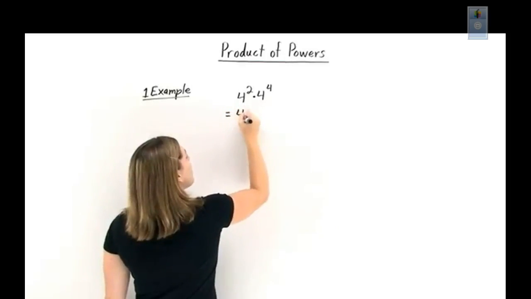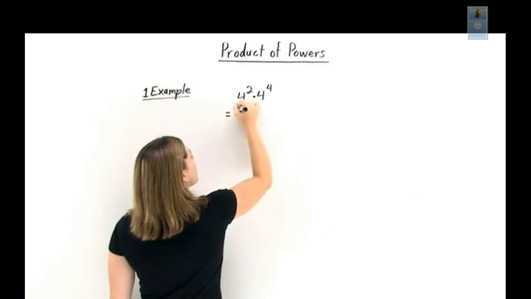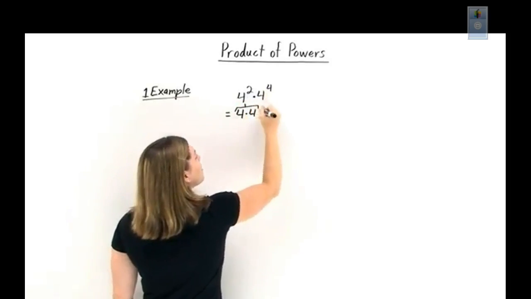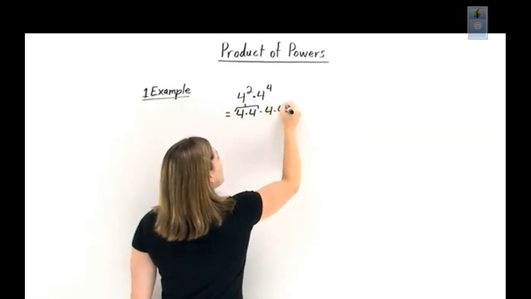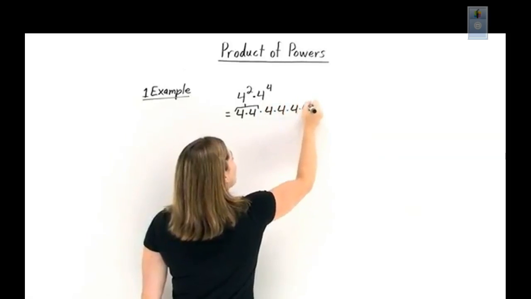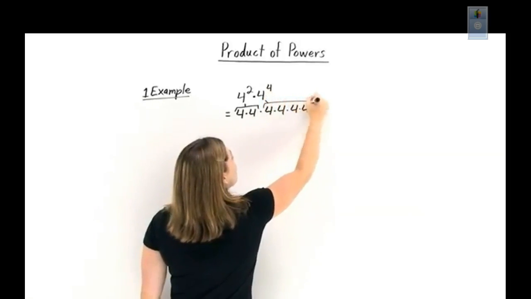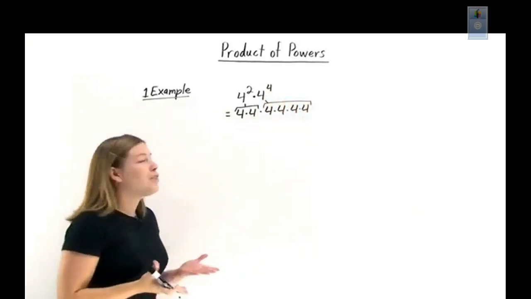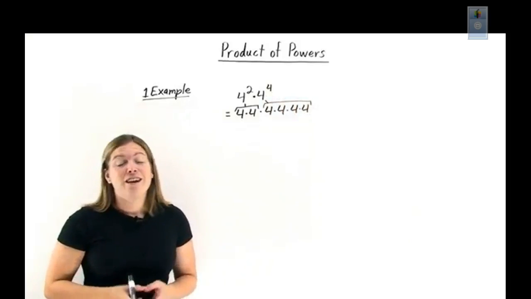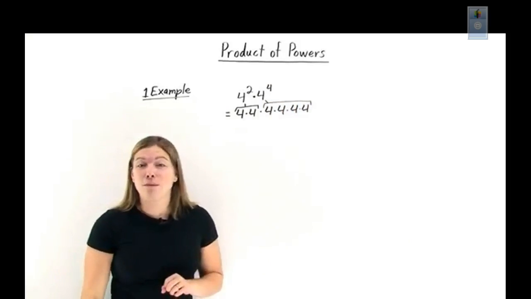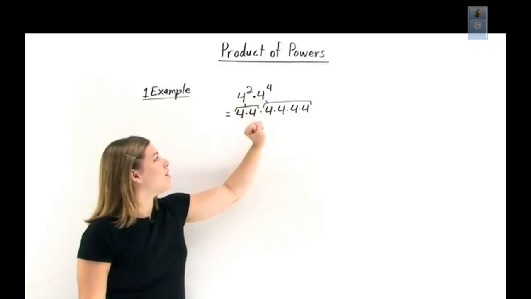4 squared is the same as taking 4 times 4. And 4 raised to the 4th power is the same as multiplying 4 together 4 times. Remember, exponents are just repeated multiplication. The exponent keeps track of how many times you need to multiply that base together.